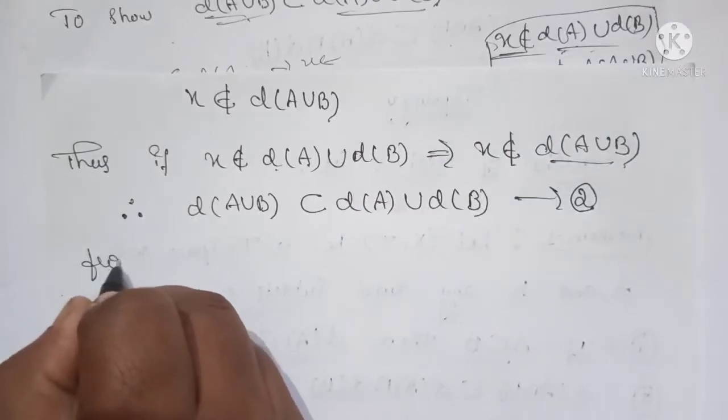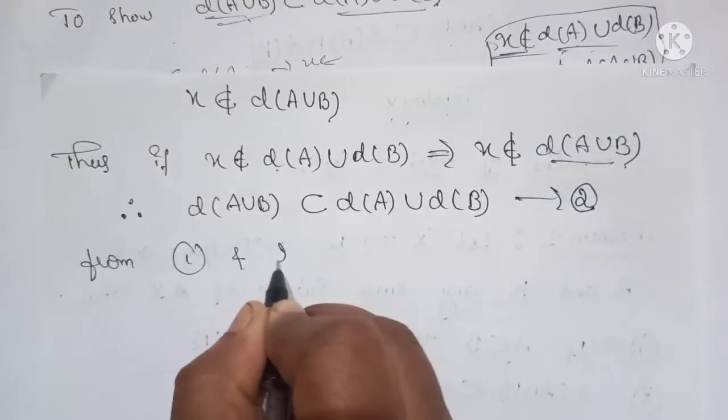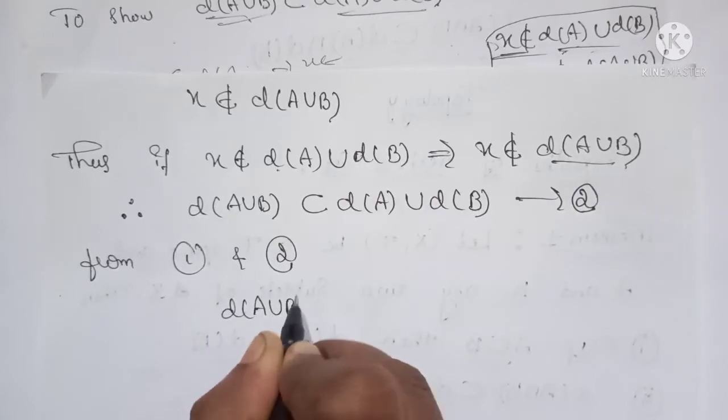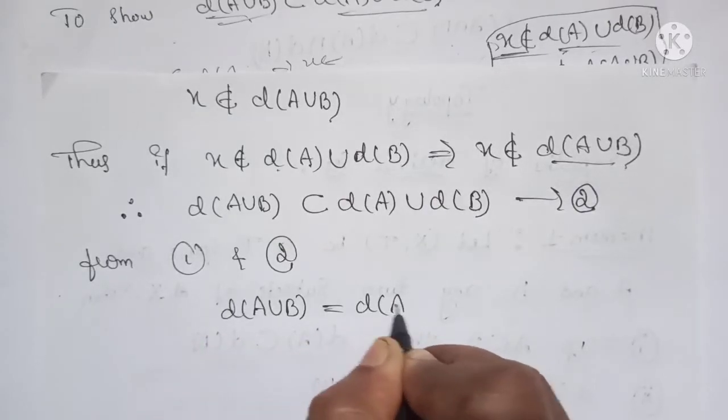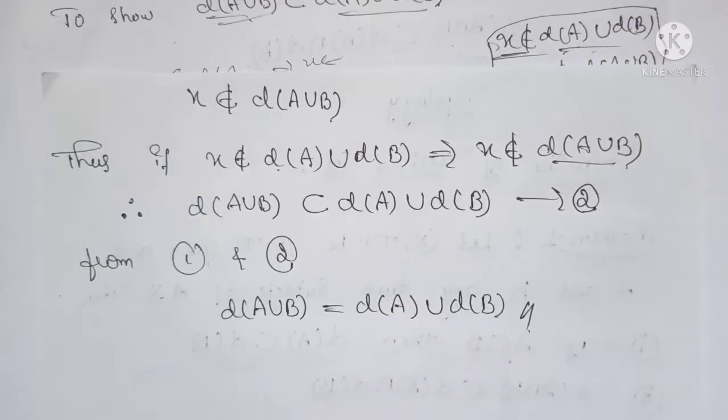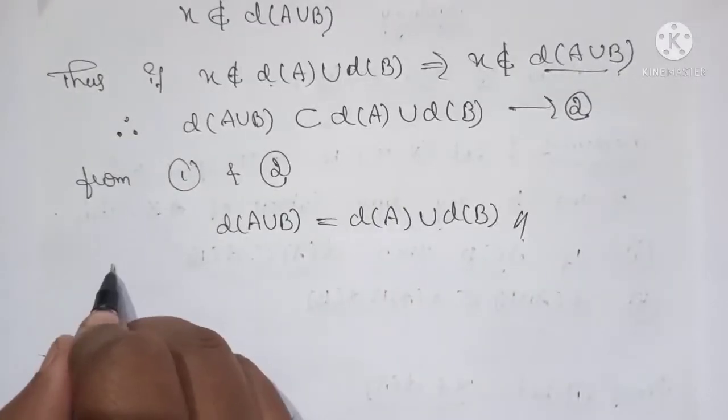So now from 1 and 2 we can say that derived set of A union B is equal to derived set of A union derived set of B. Okay, hence the proof.